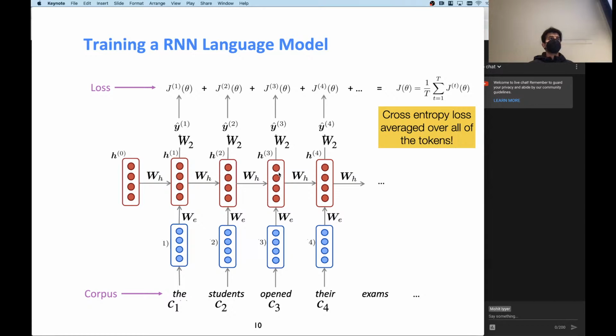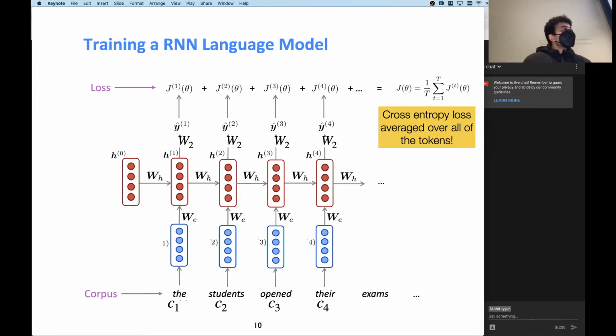So why not just do the prediction sequentially as well? That's the general idea. It's much more efficient to have these losses at every time step than to split this input sequence into multiple prefixes like the students open, and process all of them separately. Does that make sense?